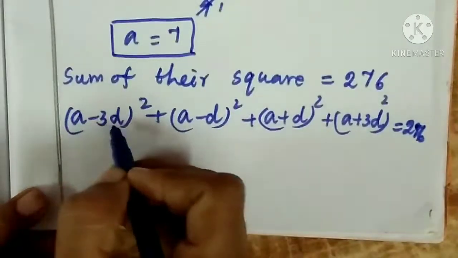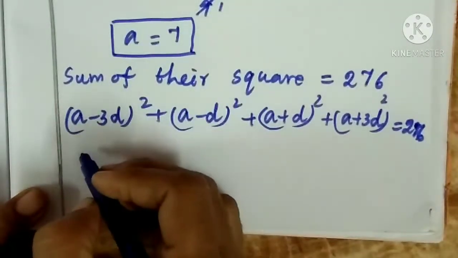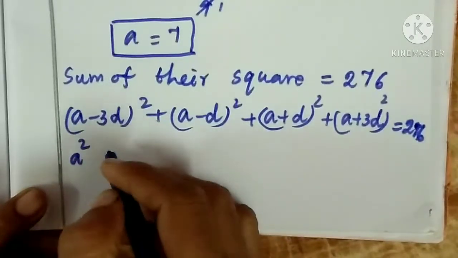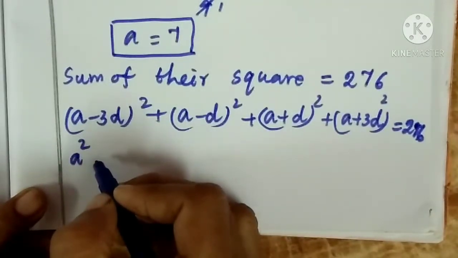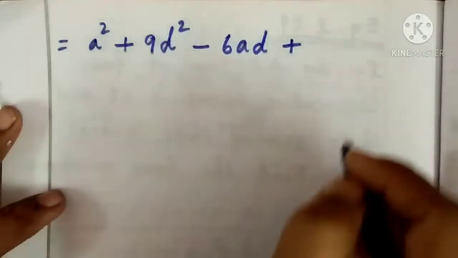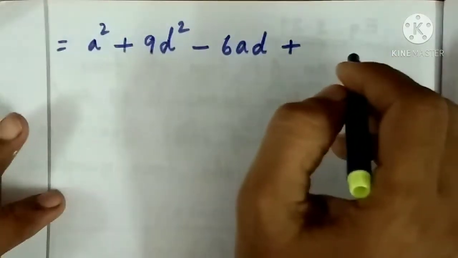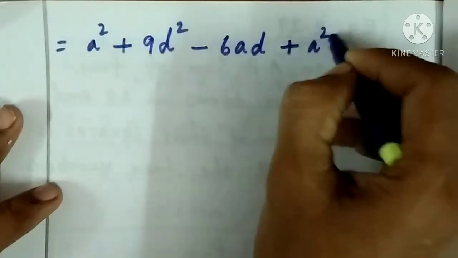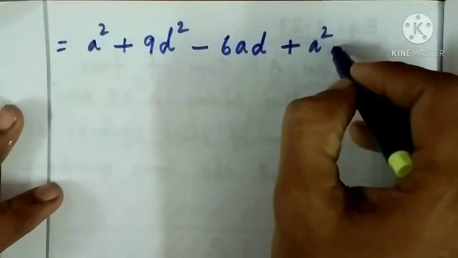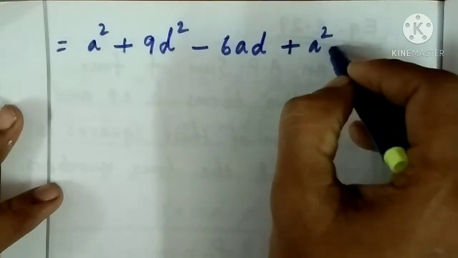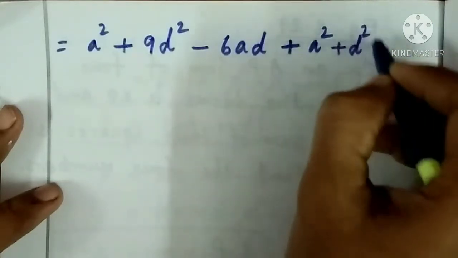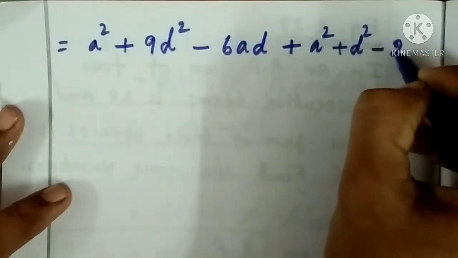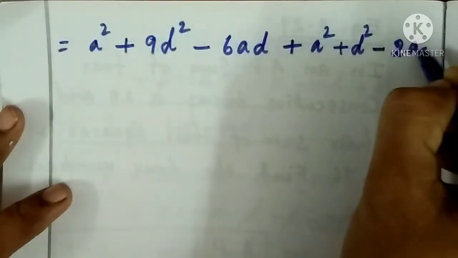Therefore a minus 3d the whole squared is a squared plus 9d squared minus 6ad. Next, apply the identity for a minus d the whole squared, that is a squared plus d squared minus 2ad.